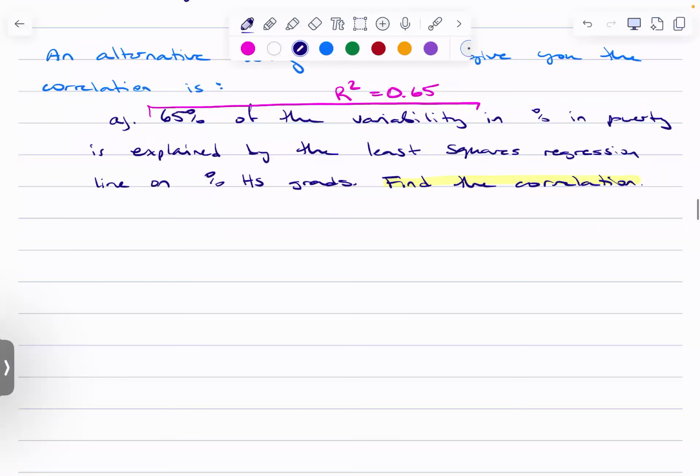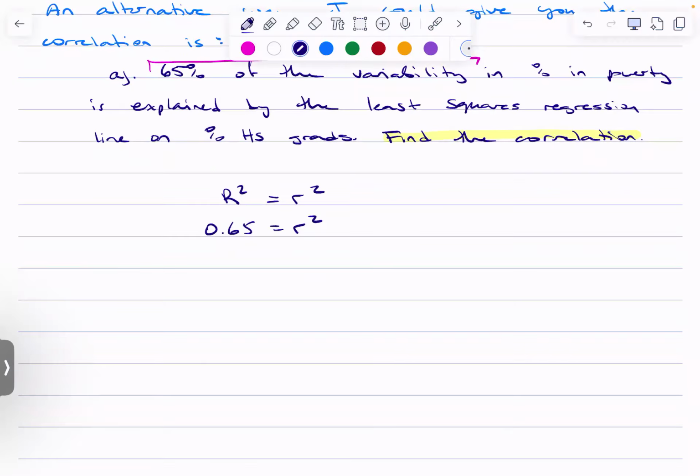Now, if r squared is the correlation squared, then if r squared is 0.65, I can solve for r. But you have to be really, really careful because when you take the square root, you get both options, right? You get a positive and a negative option. And so the plus minus root of 0.65 is the correlation.